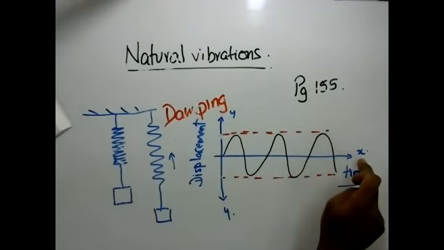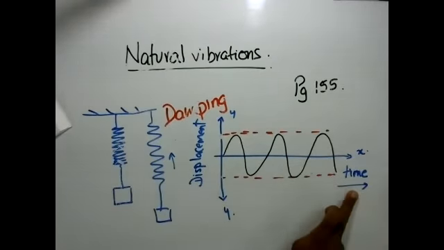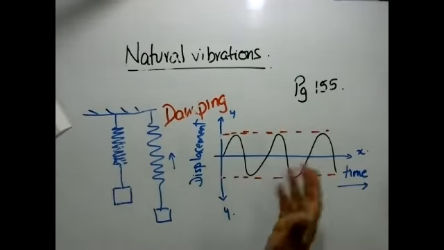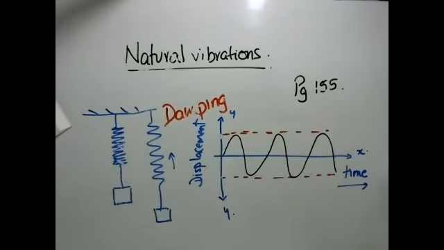Draw the x-axis and show what is represented on it. That itself can get you half the marks being awarded. And then the rest is of course to show whatever it is that you are attempting to answer.